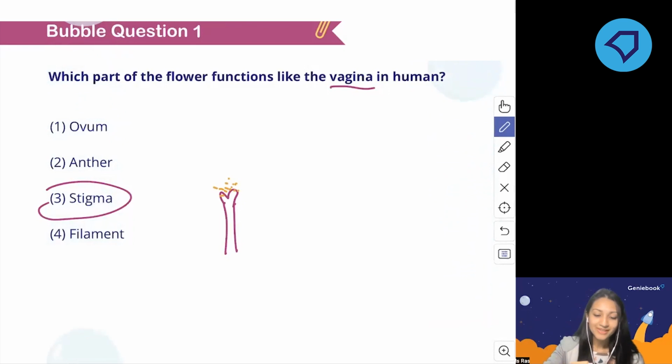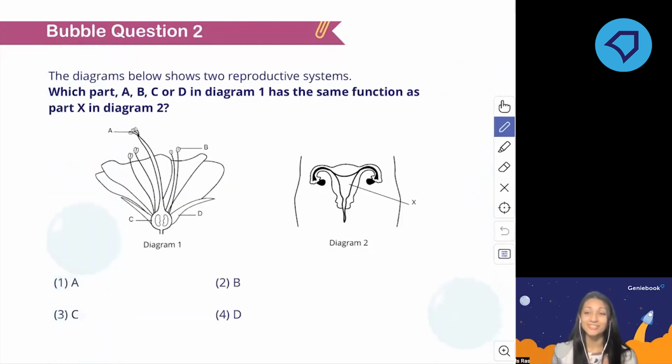Next question, number 2. The diagrams below show 2 reproductive systems. Which part, A, B, C, or D in diagram 1 has the same function as part X in diagram 2?